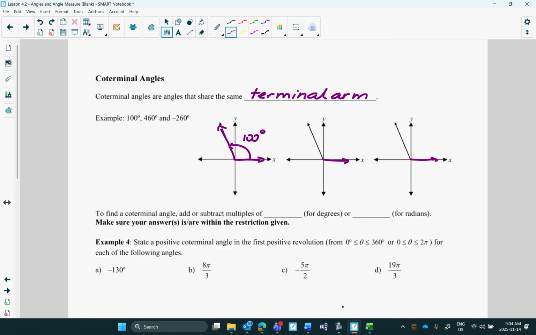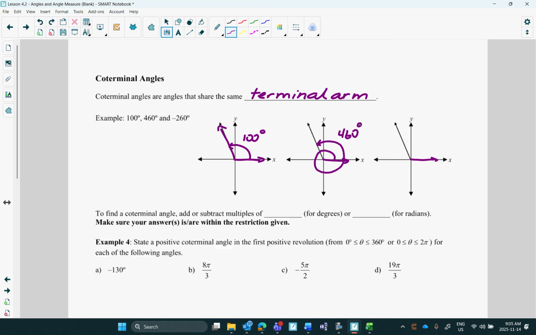But what if I went here? How much have I gone so far? 100, and then I went like this. How much have I gone now? 100 plus 360. So notice we can go past 360 degrees. So that's a 460 degree angle, which is equivalent to 100. It's coterminal with 100 degrees.